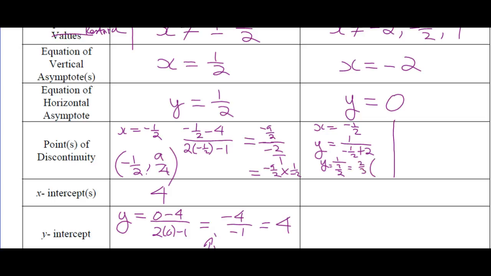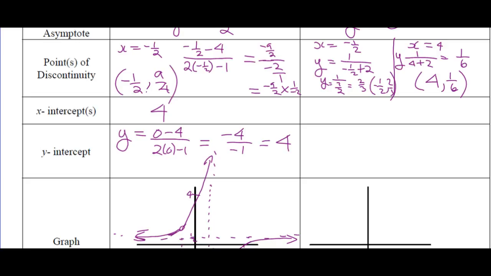So we have negative 1/2, 2/3. The other one is where x is equal to 4. So we get 1 over 4 plus 2, which is 1/6. So we get 4, 1/6. So 2 points of discontinuity: negative 1/2, 2/3, and 4, 1/6.